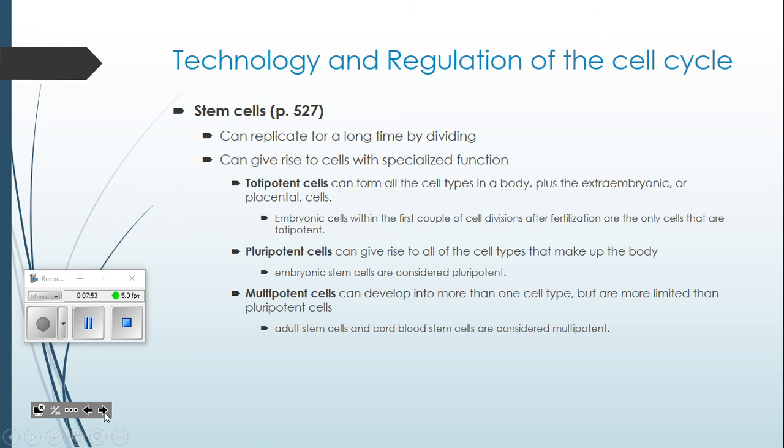So they're what we call adult stem cells. You don't have to be a legal adult to have them, but they're after embryonic development has finished, baby has been born. The other place that we often find multipotent cells is in cord blood.